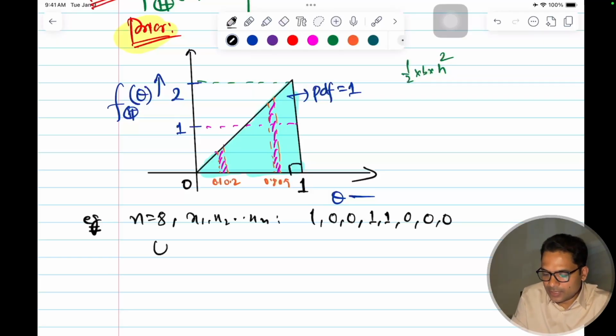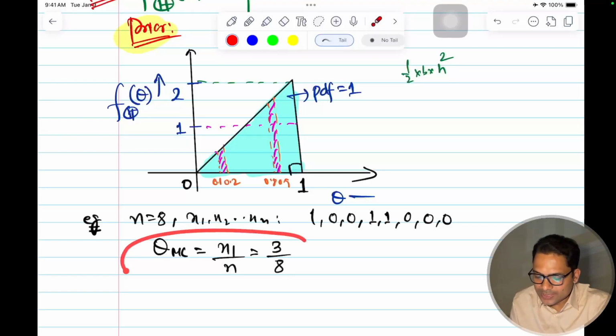So what will my ML estimate, theta ML, be? It is n1 by n, how many ones are there? 3 by 8. According to ML, this will be my estimate, theta ML.